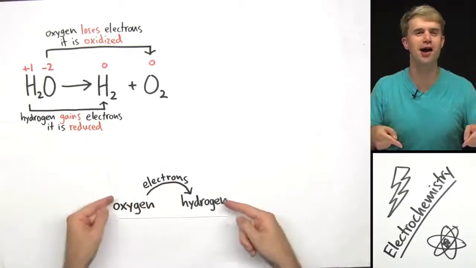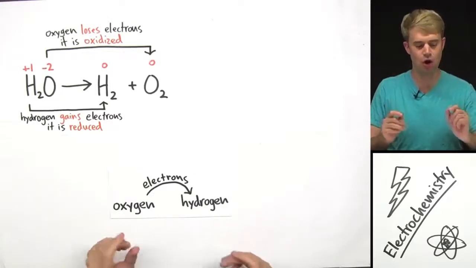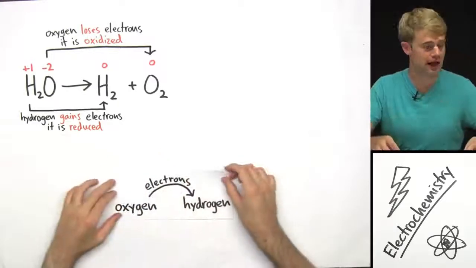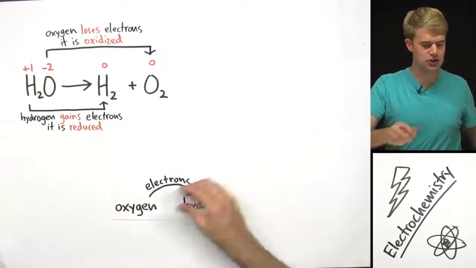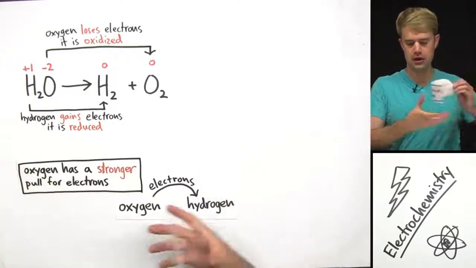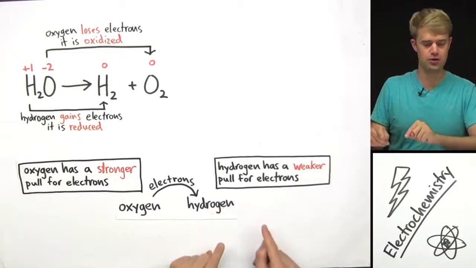But this is a problem, okay? It's a problem because it goes against what oxygen and hydrogen normally do with their electrons. Oxygen has a stronger pull for electrons, and hydrogen has a weaker pull for electrons.